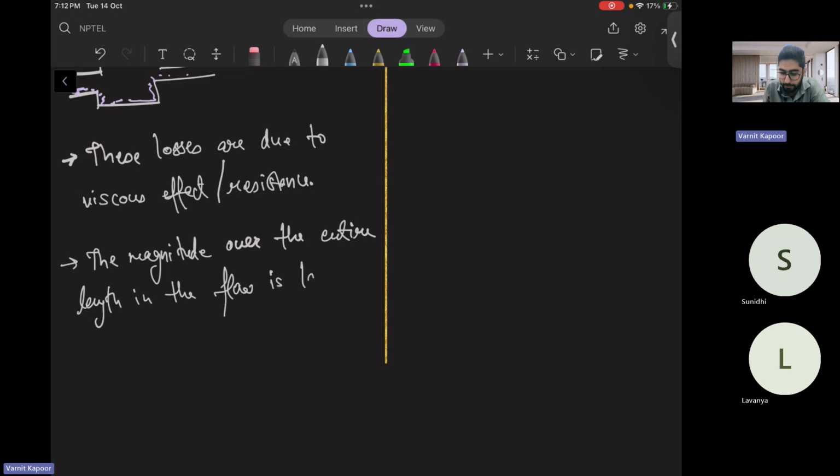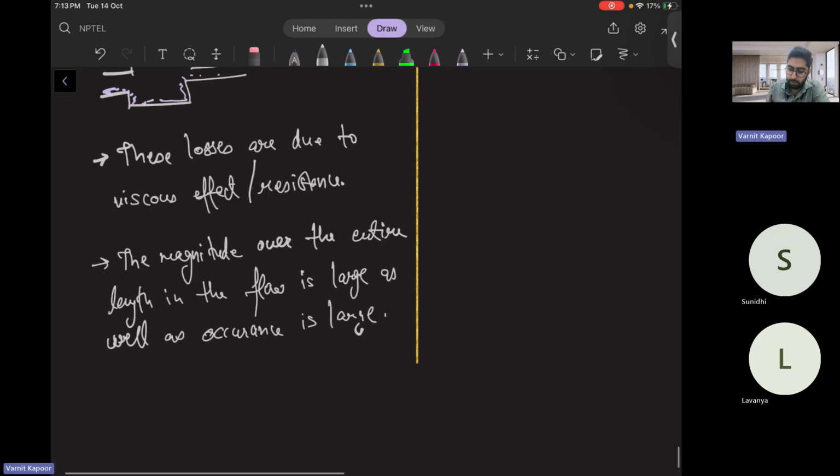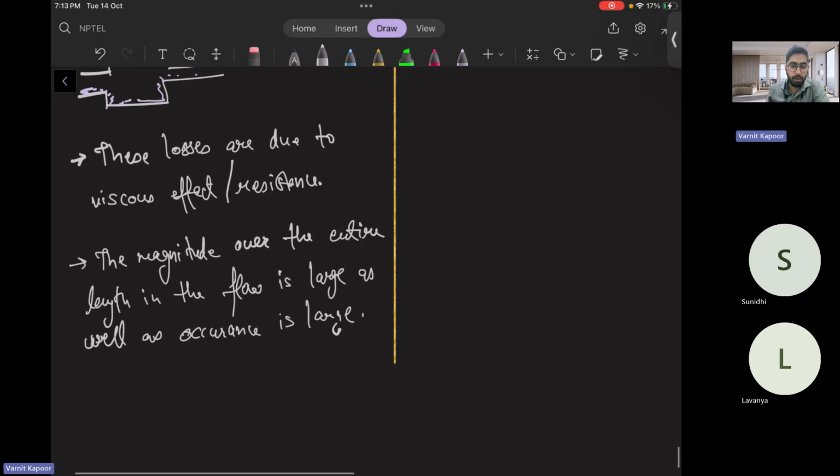The magnitude is large, and the occurrence is also large, as they happen very frequently.